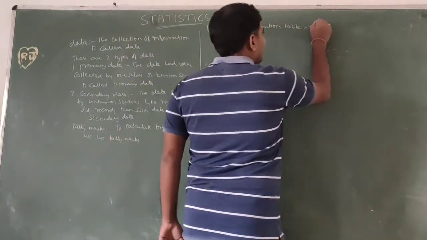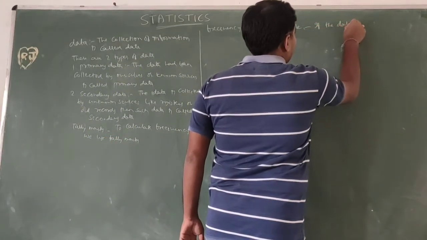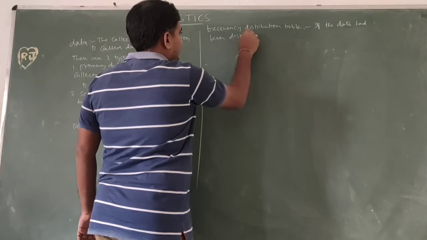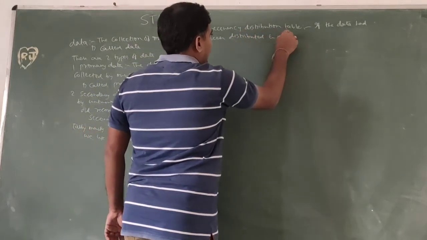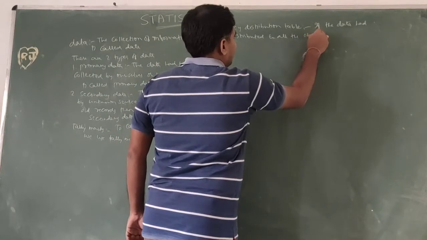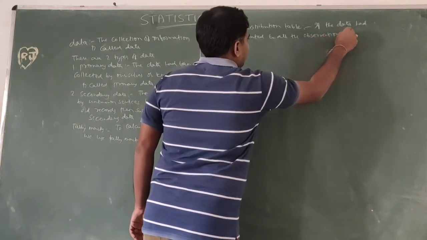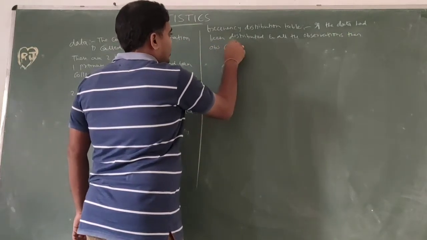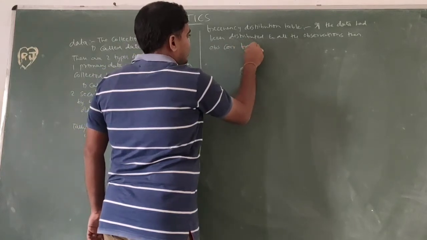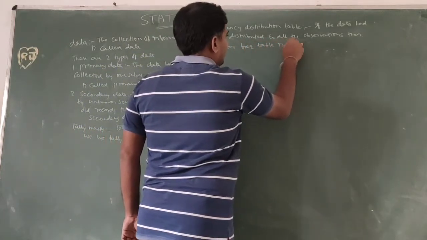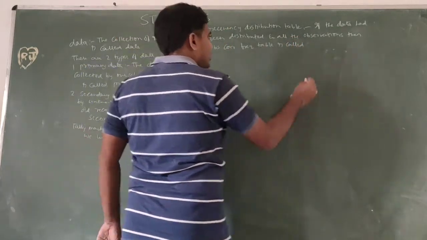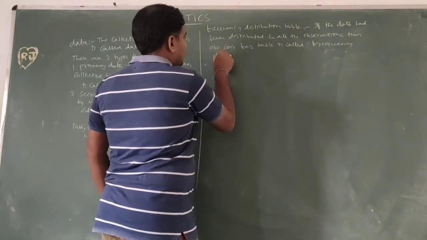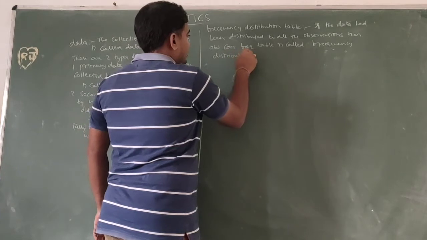So if the data has been distributed to all the observations, then the observation-corresponding frequency table is called a frequency distribution table.